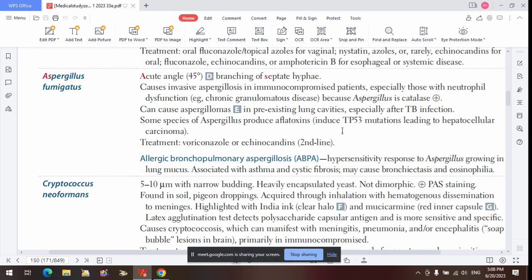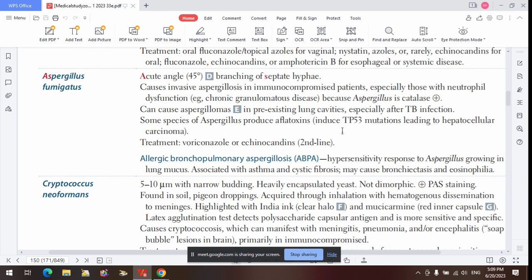So we said three things: invasive aspergillosis, where you have chronic granulomatous lesions everywhere, in the lungs, in the liver, in the brain. Yes, Dr. Zulia, nice one. In the brain, that's getting invasive, especially in people that are immunocompromised from neutrophilic dysfunction.